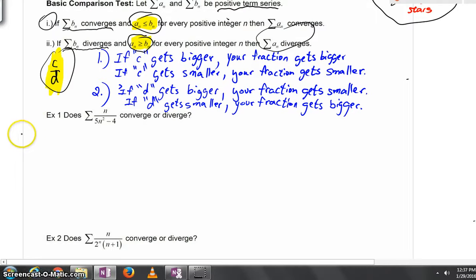Let's consider A sub n to be n all over 5n squared minus 4. We're going to let A sub n be the original series. As I'm investigating this, we can more or less say that we've got A sub n. But I guess what we need to do is find a nice way to make a comparison.